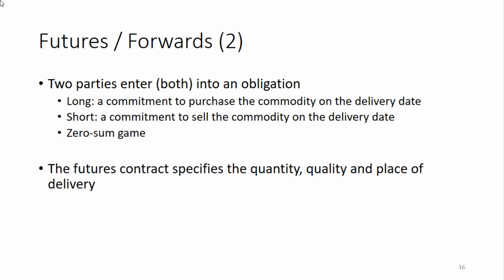One party we call the party with a long position, and the party with a long position commits to purchase the commodity or the underlying at the delivery date, whereas the short position commits to sell the commodity at the delivery date. And it's a zero-sum game: what the one person needs to pay, the other person receives.